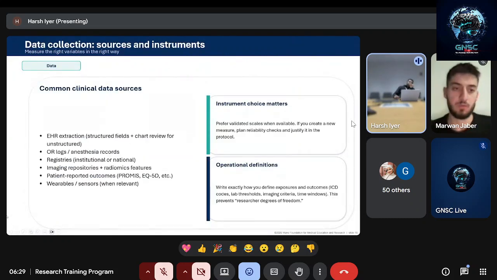So yeah, data collection is another thing that I really do like. There are various ways that you can get data. Electronic health records are where you manually go through each and every patient data set and put them into an Excel sheet in ones or zeros, depending upon what you like.